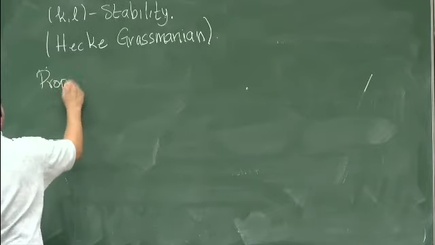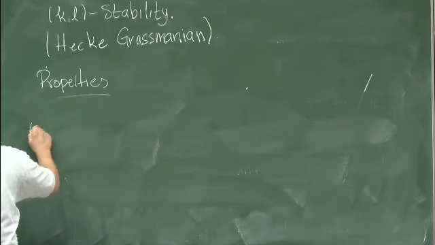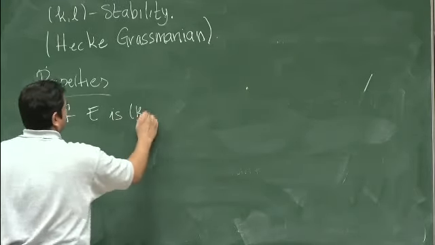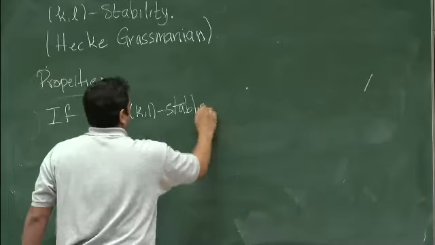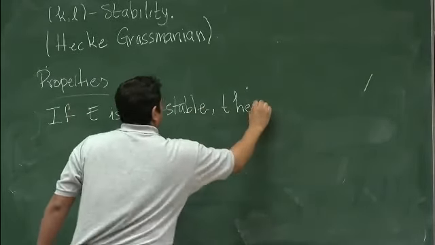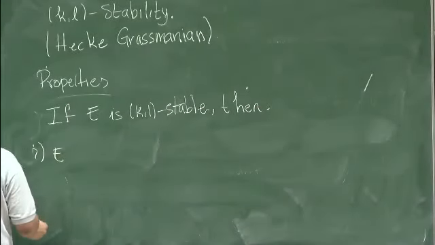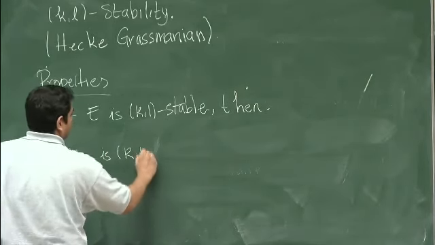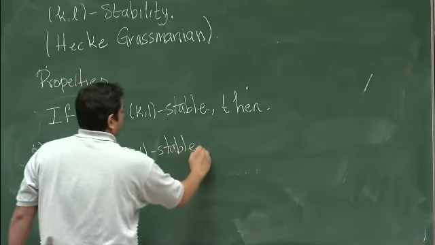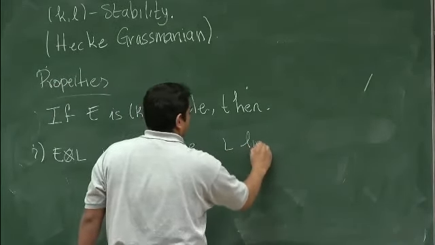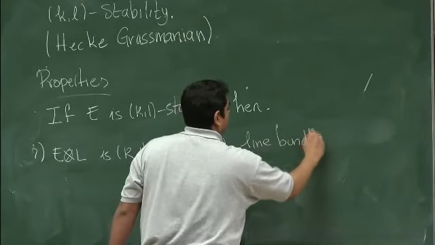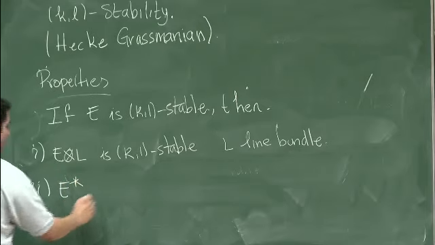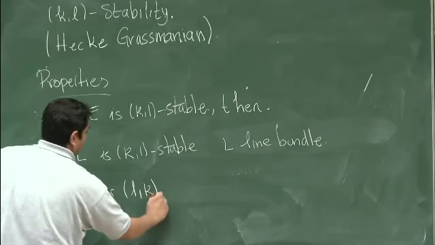The first is, in general, if E is KL stable, then E tensor L is KL stable for any line bundle L. The second is the dual is LK stable.